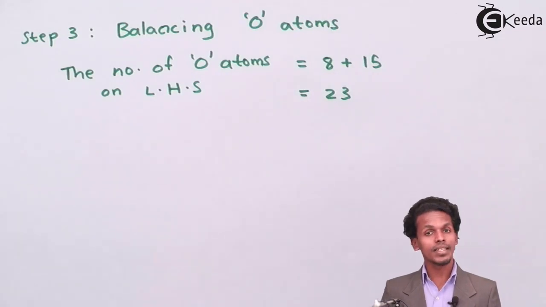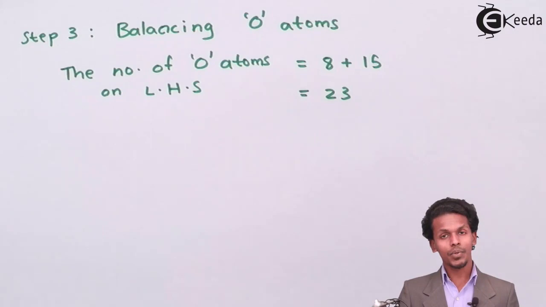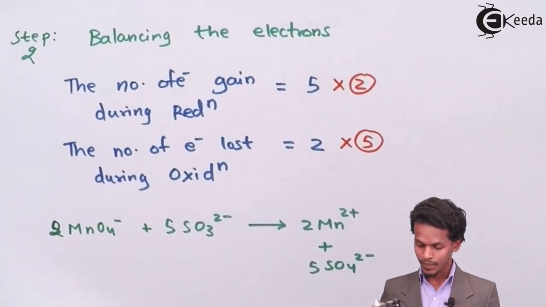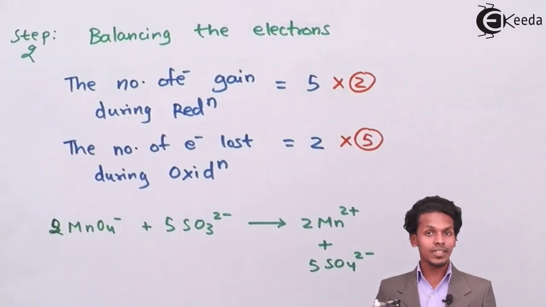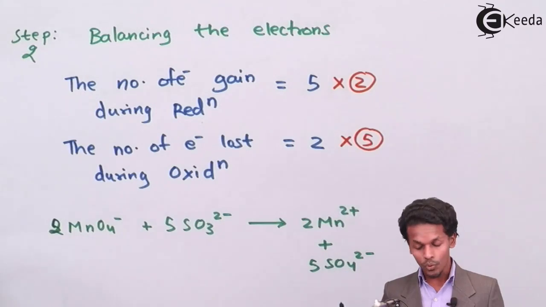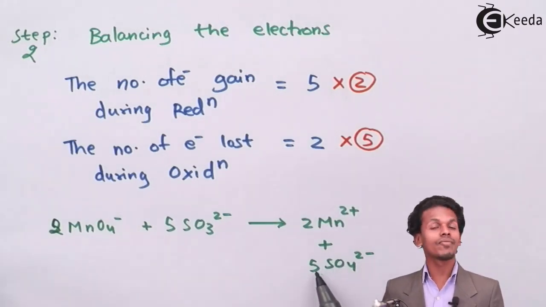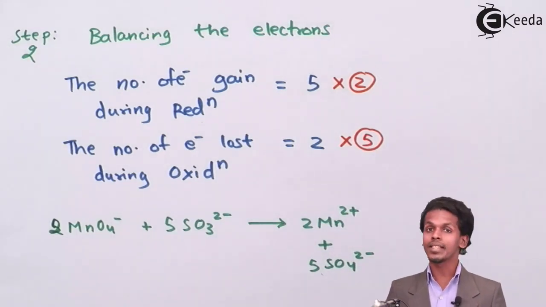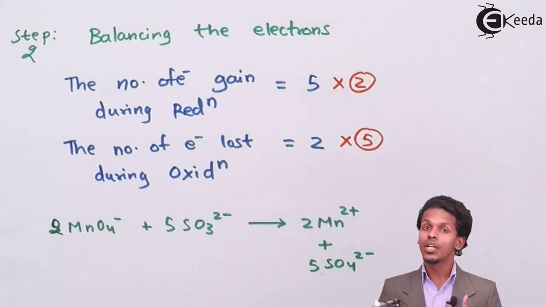So let us now calculate the number of oxygen on the right hand side, or in the product. For SO4 it is 4 itself, but since there are 5 moles of SO4 2 minus, it makes an overall oxygen atom content of 20.